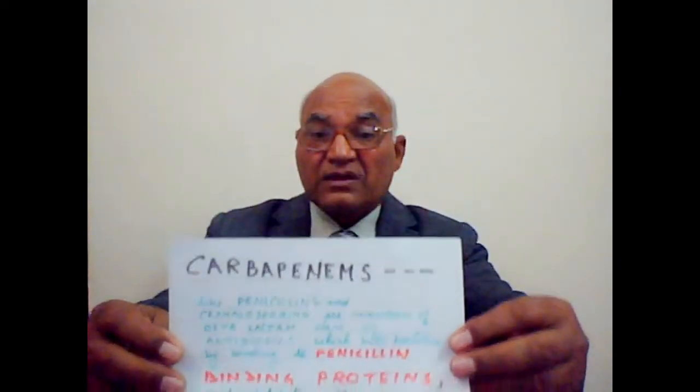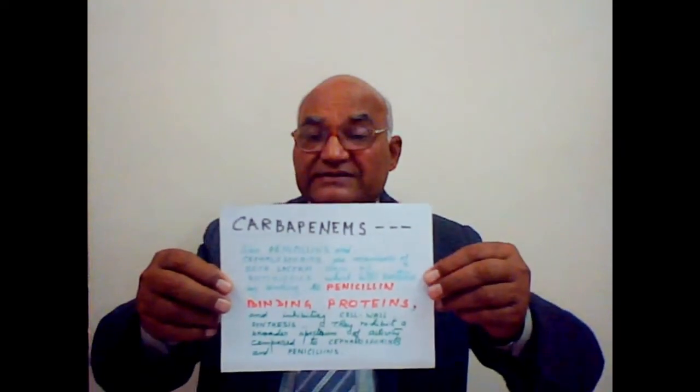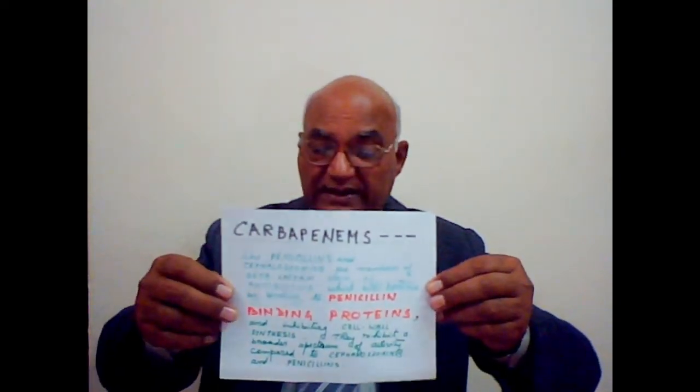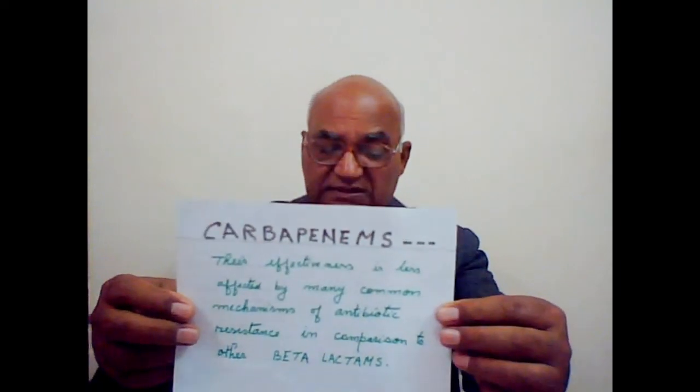So how have bacteria created resistance? Because of the beta-lactam rings. Carbapenems' effectiveness is less affected by many common mechanisms of antibiotic resistance in comparison to other beta-lactams.